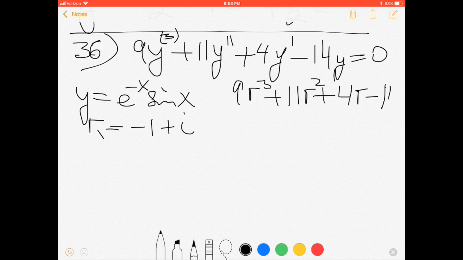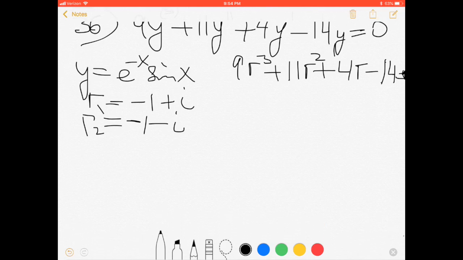Because we have a polynomial with real coefficients, this means we can write the second zero. It will be negative 1 minus i.